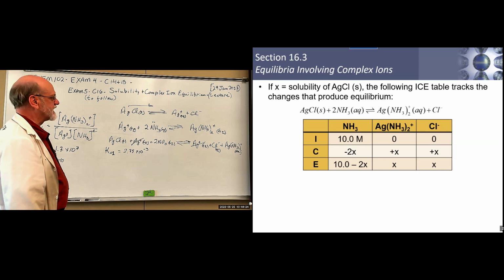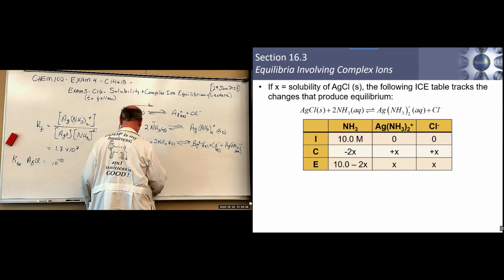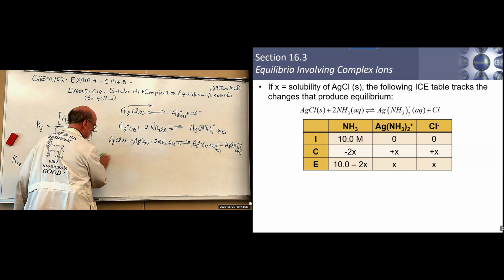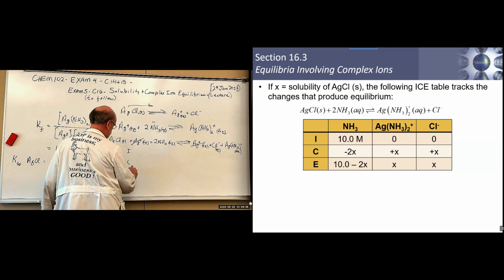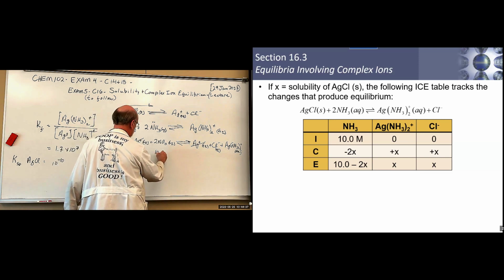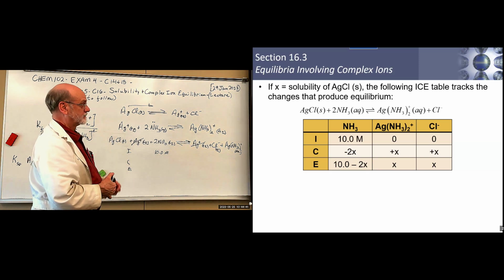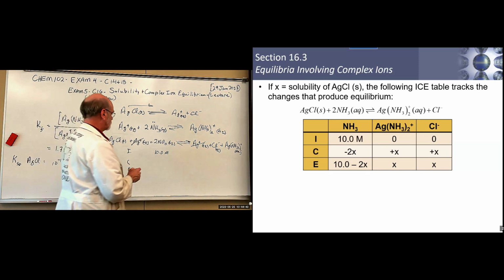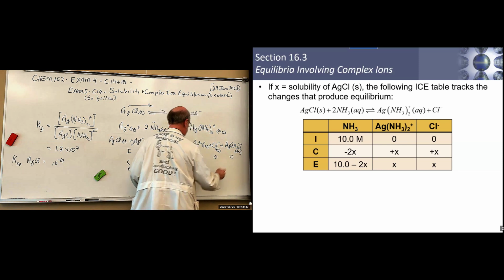We're starting off with 10 molar ammonia. So we set up our ICE table, and we're saying we're going to use 10 molar ammonia. That's pretty high. With 0 here and 0 here.